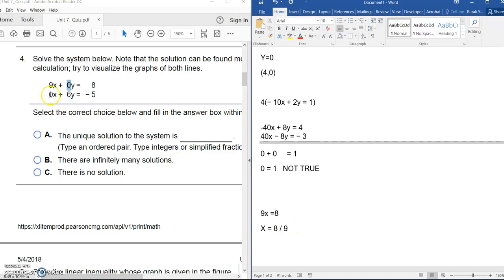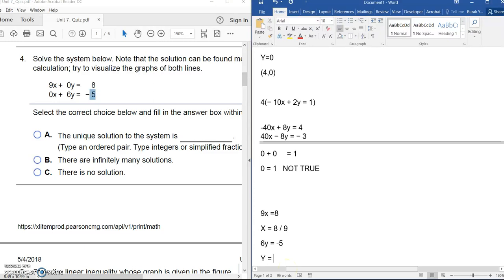And in the second equation, this time the coefficient of x is 0, which means that's going to disappear. And the equation gets simpler, which is just 6y equals negative 5. So if 6y equals negative 5, we can divide both sides by 6 because we're trying to get y isolated.